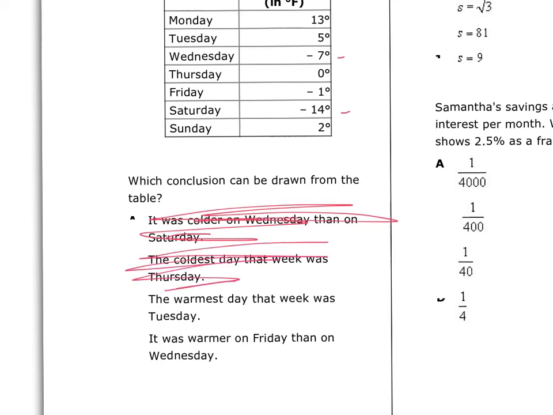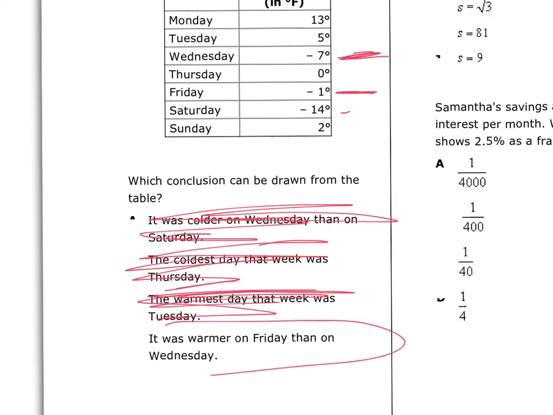Saturday. The warmest day was Tuesday. What was the warmest day? Monday. And it was warmer on Friday than it was on Wednesday. Which day was warmer? Friday. -1 is warmer than -7.